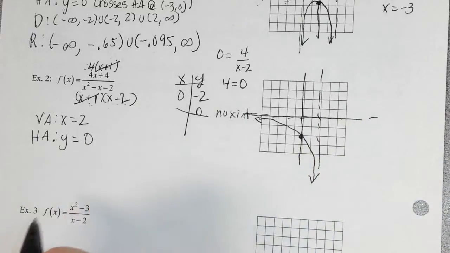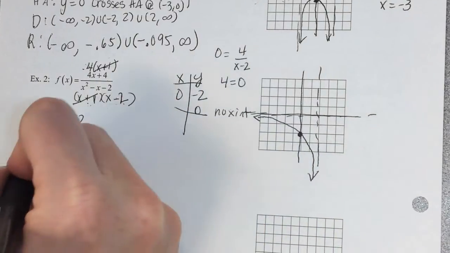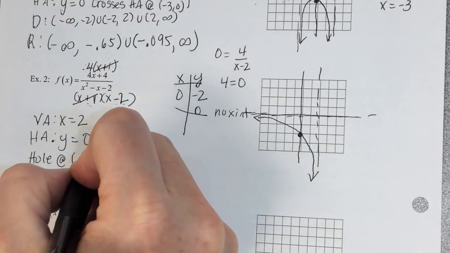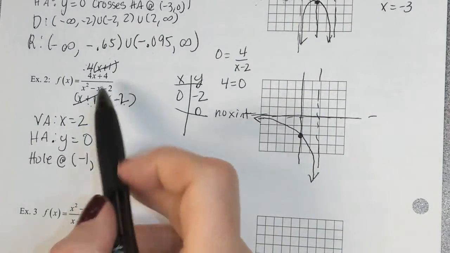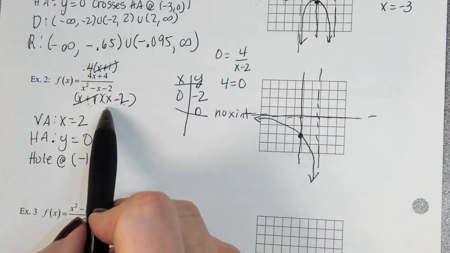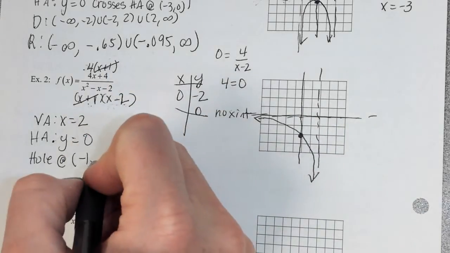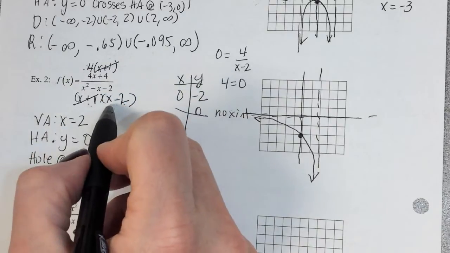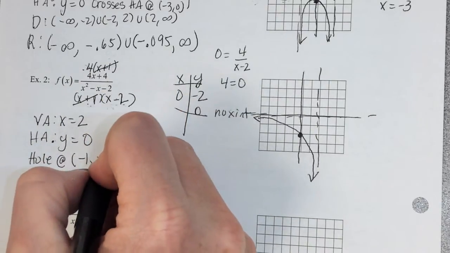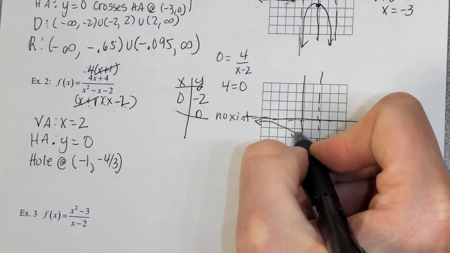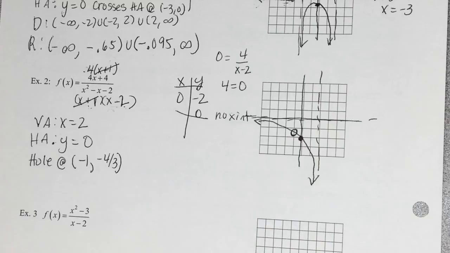But here's something we have to put in here, is we have a hole at -1, and then I have to plug back into this factored function. So what do I get if I put -1 into 4 over x minus 2? What's 4 divided by -3? -4/3, right? So at -1, -4/3, right here, I need to show that hole in the graph by doing that. That shows me that there's a hole in the graph there.